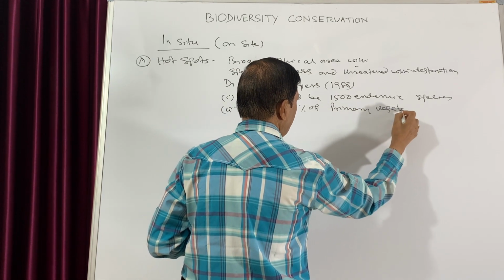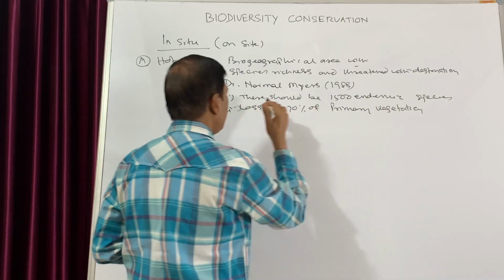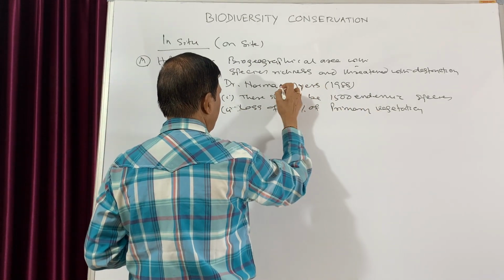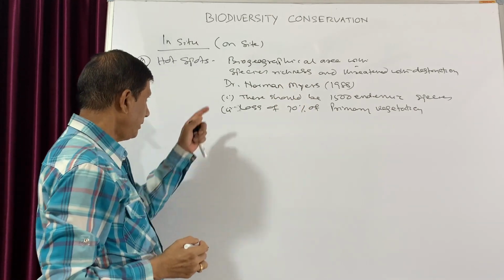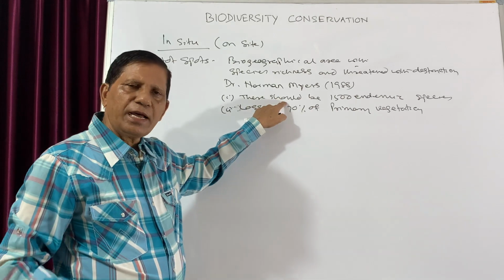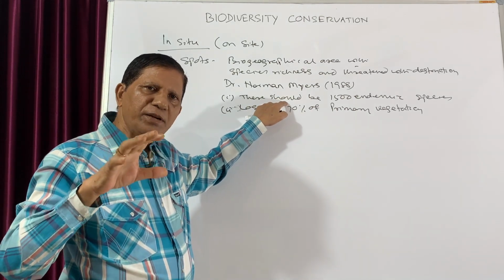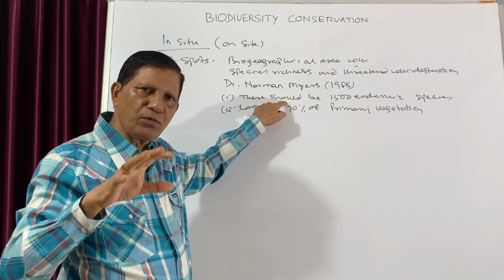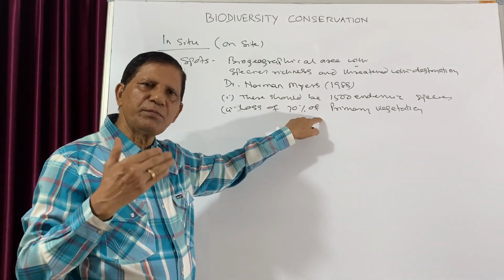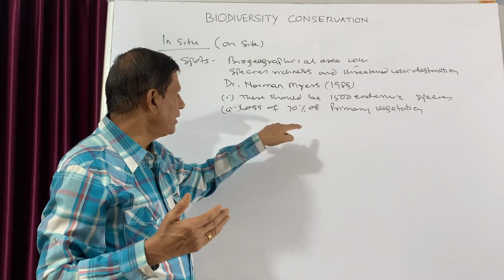These are the two conditions laid down by Dr. Norman Myers, that there should be a minimum of 1500 endemic species which are found only in that local area, and 70% of the primary vegetation has been lost.